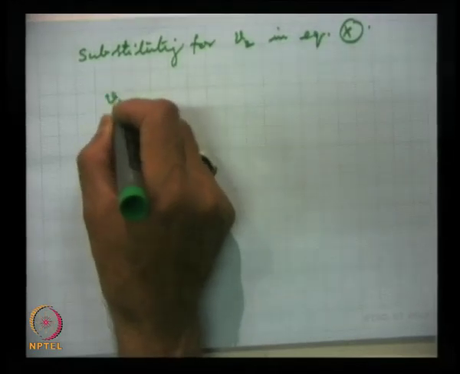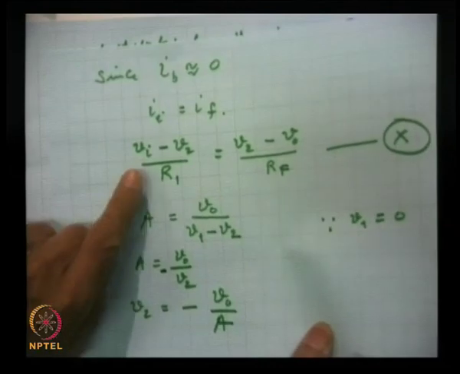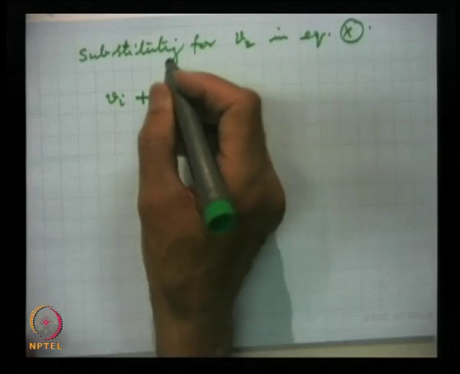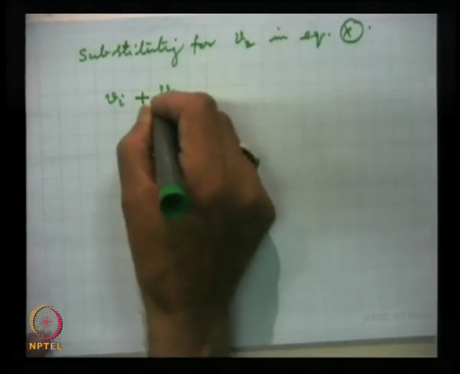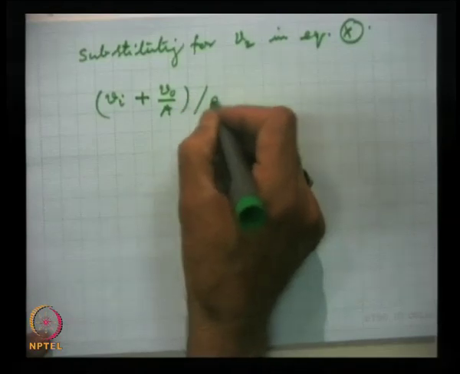Vi minus V2, but because V2 is minus V0 by A, so this is V0 by A, all divided by R1.